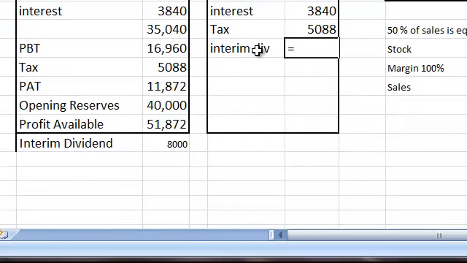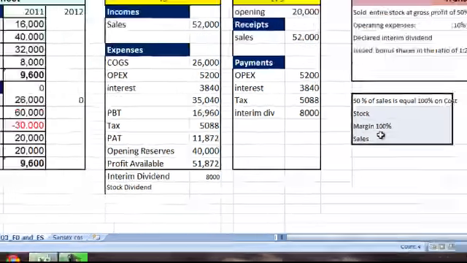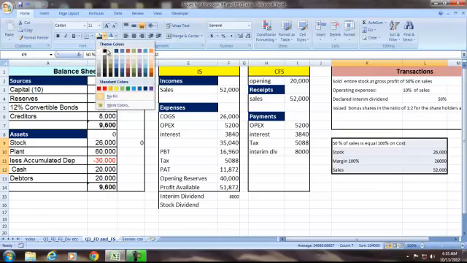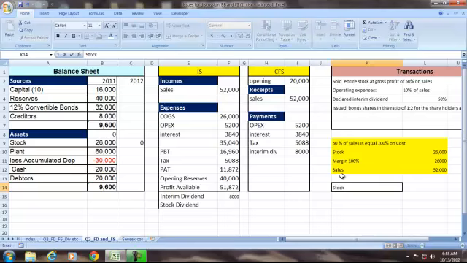So the interim dividend is also a cash outflow. Then a bonus share or stock dividend was also given. The stock dividend is distributed in the ratio of 1:2.